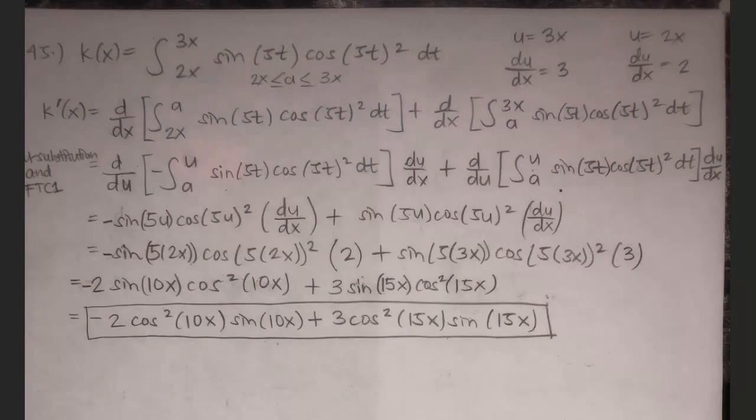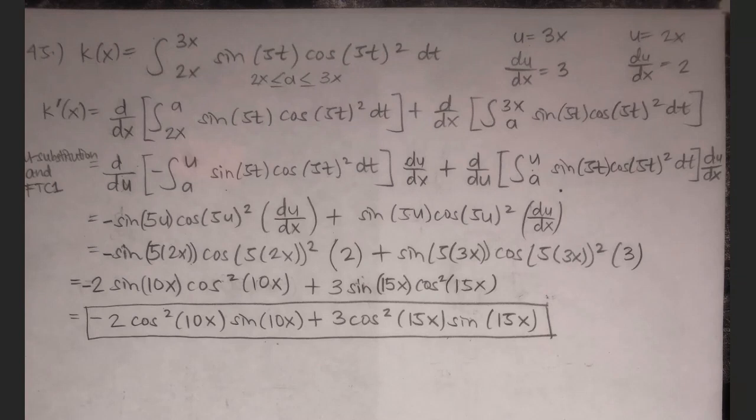So for this question, we are asked to find the derivative of the function k(x) equals... I'm sorry, to find the derivative of the integral of sine 5t cosine 5t squared dt from 2x to 3x.